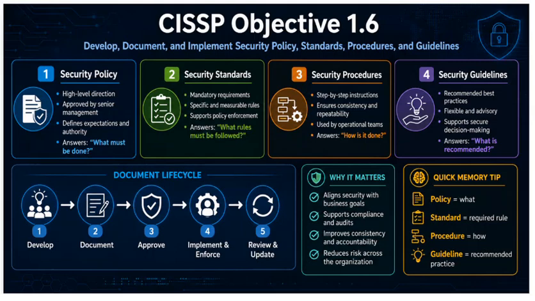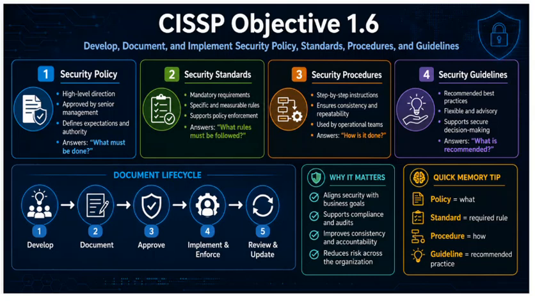So what is the relationship between policy, standards, procedures, and guidelines? Well, these documents form a hierarchy of security governance. The policy again defines the organization's security expectations. The standard defines mandatory technical or operational requirements. The procedure explains step-by-step processes to meet those requirements.